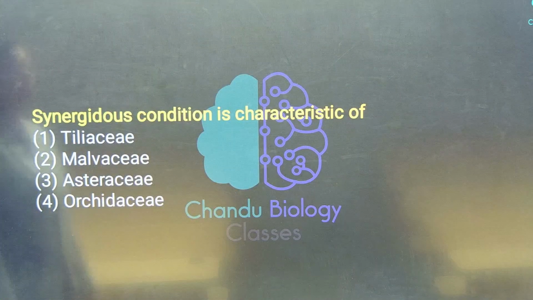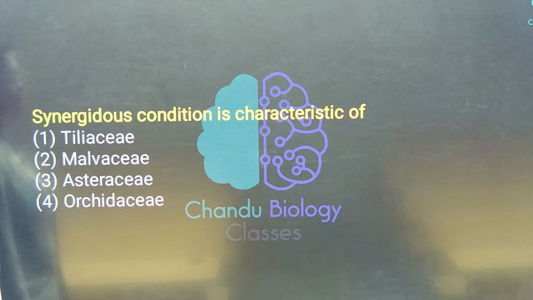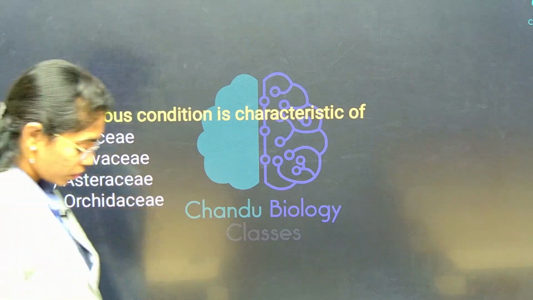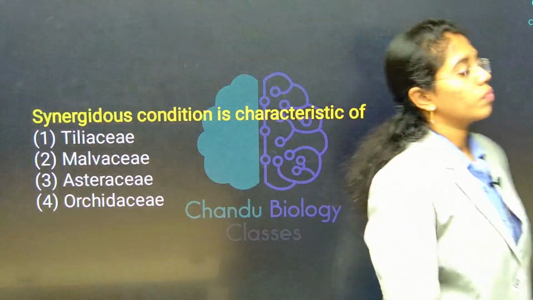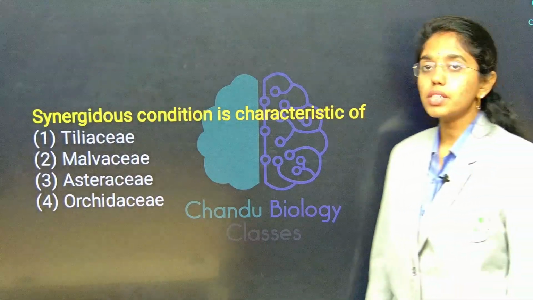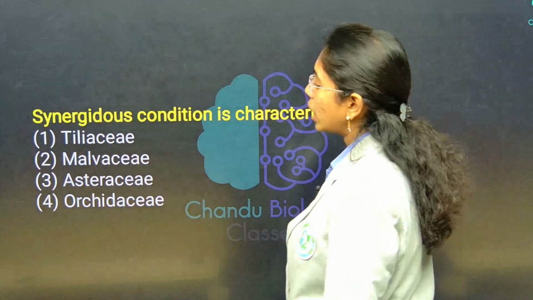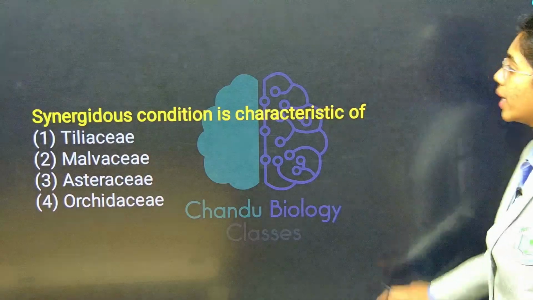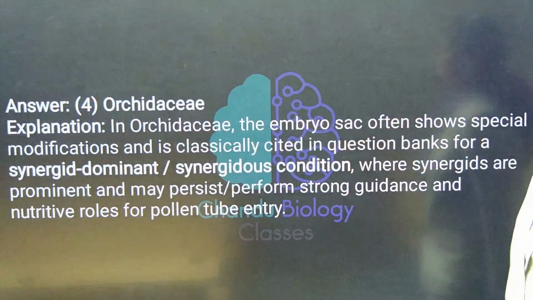Synergidous condition is characteristic of which family? Easy to answer. The right answer is Orchidaceae, and here we go with the explanation.